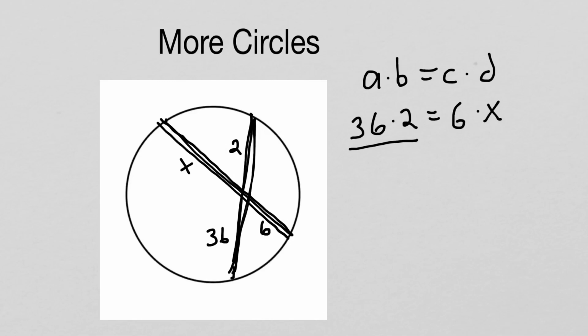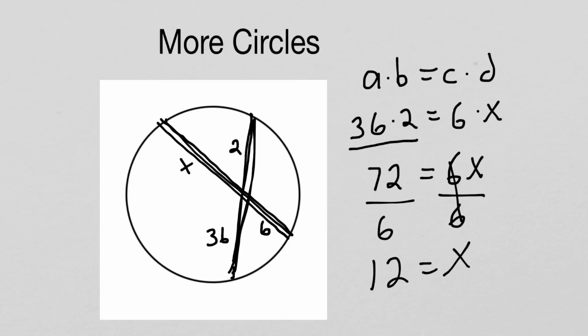Do the math on that. 36 times 2 is 72. 6 times X is 6X. Divide both sides by 6. You get 12 equals X.